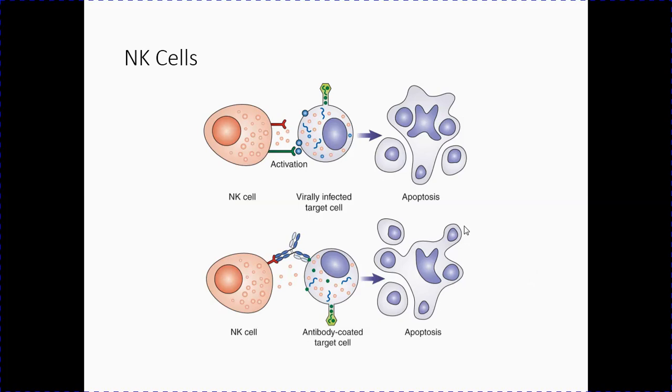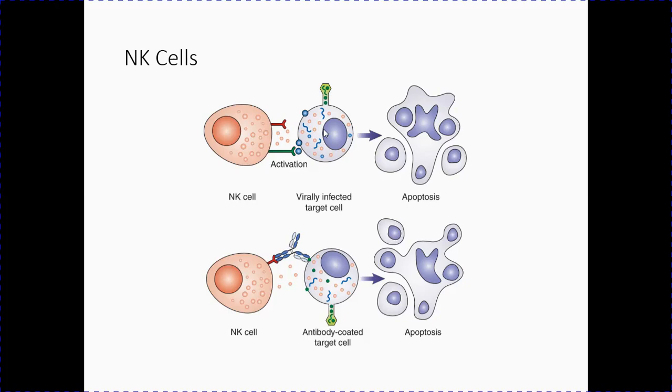The other two processes of natural killer cells: if the natural killer cell encounters an infected cell, for example, we see in the top illustration here a virally infected APC, a virally infected target cell.